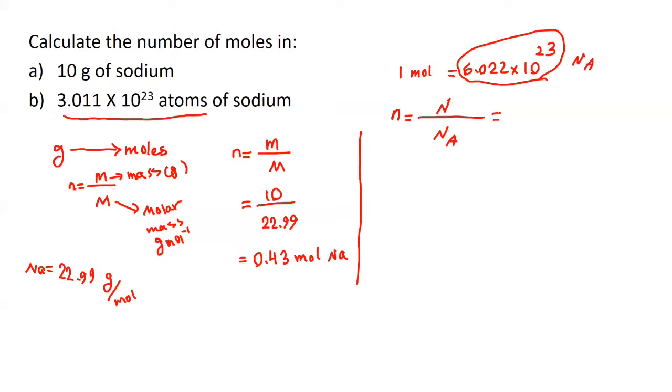As a result, I have n equal to 3.011 times 10 to the power of 23 divided by 6.022 times 10 to the power of 23. Simplifying this, it is equal to 0.5 mole of sodium.